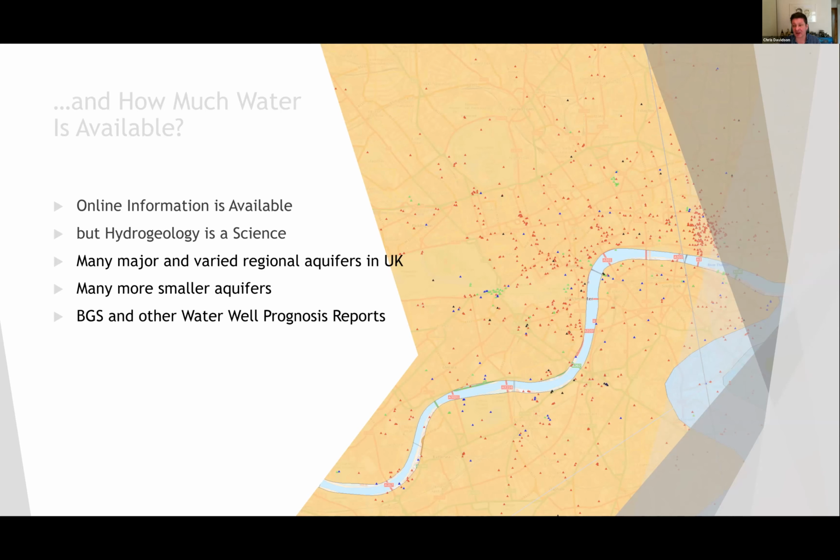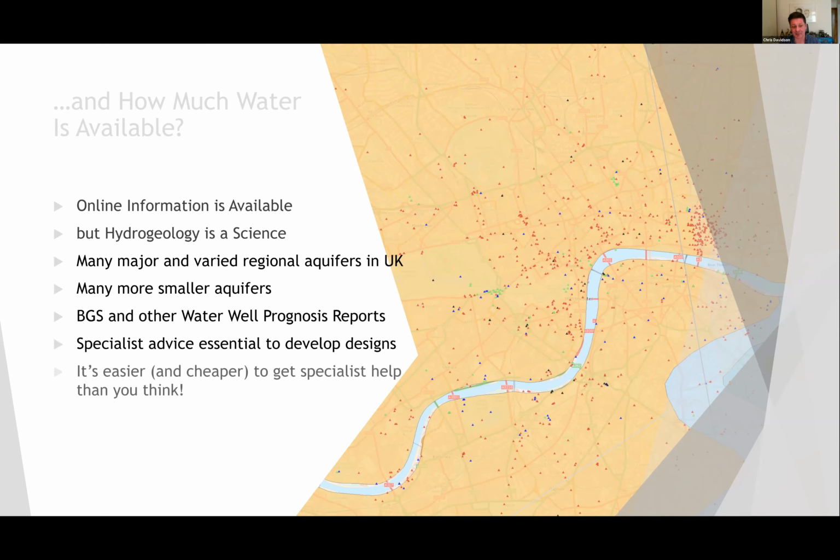There's companies like myself, Carbon Zero Consulting, BA Hydro Solutions, other consultant member companies of the Ground Source Heat Pump Association, who will give you not just a bespoke report for that location for water yields, but also what the implications of that are specifically for ground source, which can add a lot of value to projects. So, as I say, specialist advice is absolutely essential to start developing these designs.